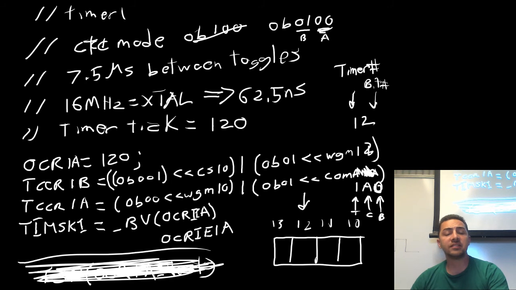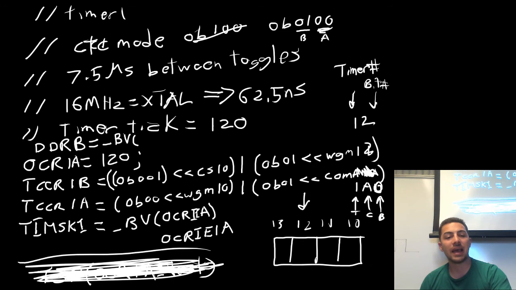All that does is it activates the waveform generation module, and provided that somewhere up here I said DDRB, and I set that to a 1 in the right place, and I forget what it is. I think it might be 3. What did I say it was earlier?